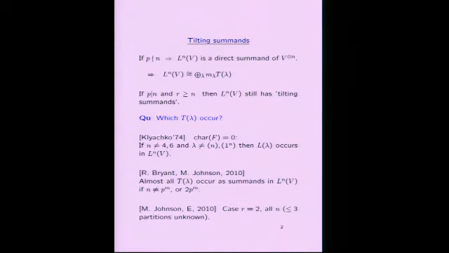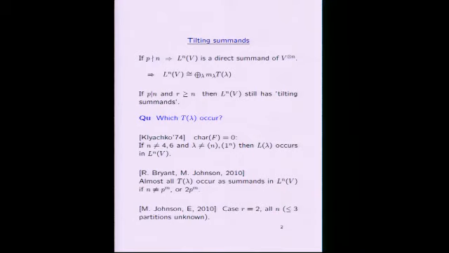And so we can look at classical results. Klyachko in 74 answered this for characteristic 0. If the characteristic is 0, then the tilting modules are just simple modules, and he proved that almost all occur as summands. And last year, Roger Bryant and Marianne Johnson proved a p-analog of that.